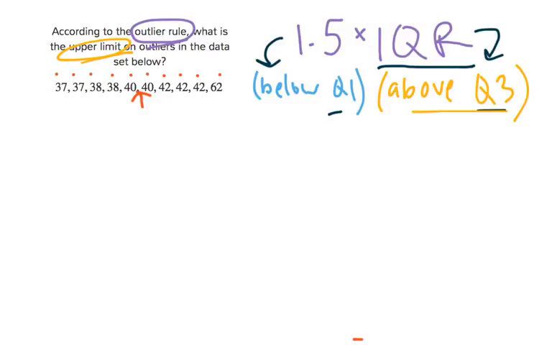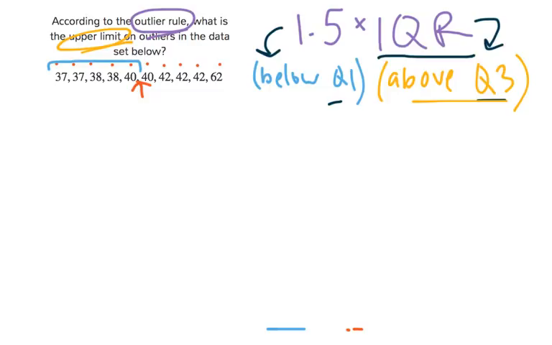We just need to use this to break up the lower half of the data to find Q1. So it looks like Q1 is 38. And now we need to take the upper half of the data to find Q3, right in the middle there, which is 42.